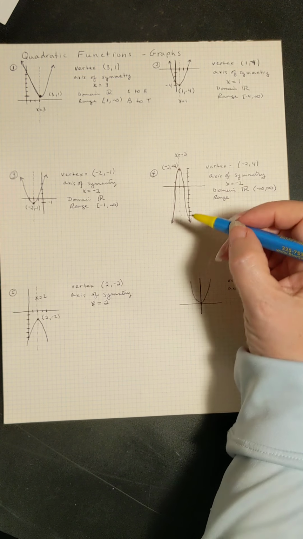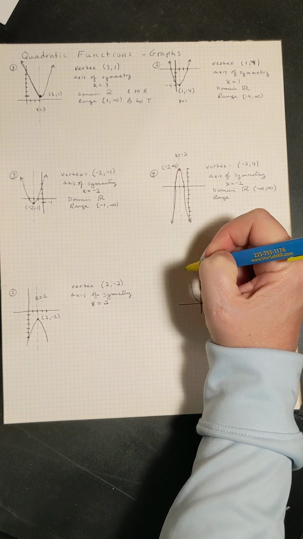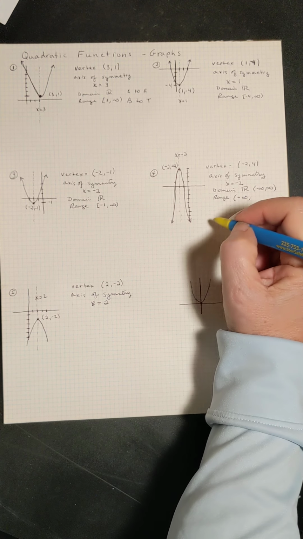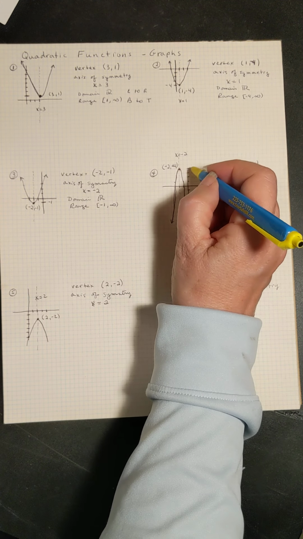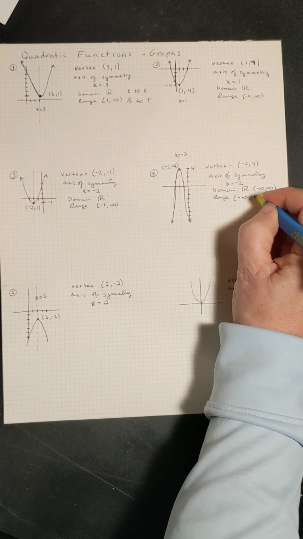All right, but the range, notice that both of the arrows on this one point down. So it actually starts at -infinity. And then I have graph all the way here until I get to this y-coordinate of 4.